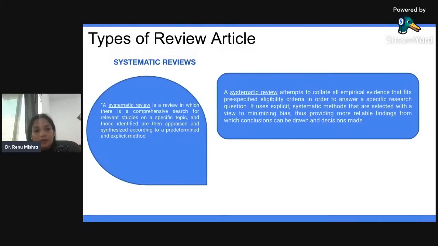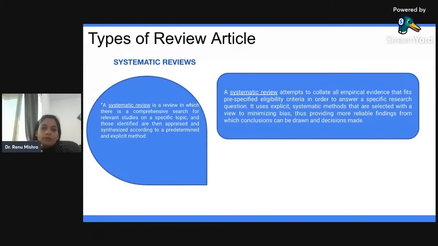Every study can't be a part. Whatever study will be a part of your systematic review is decided on the basis of those inclusion criteria. The ones which will not be part of the study are left out on the basis of the exclusion criteria. And these criteria we form on the basis of research protocols. So we make research protocols so that we arrive at the inclusion and exclusion criteria.